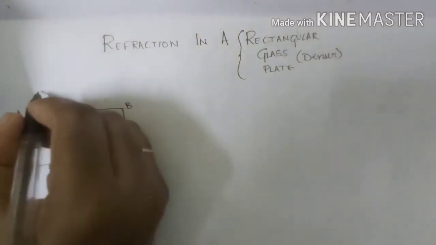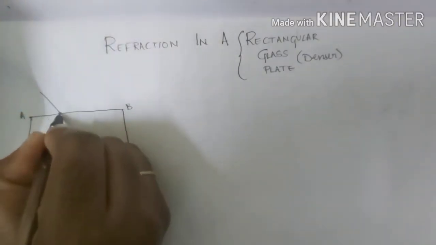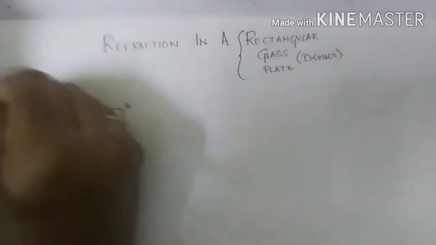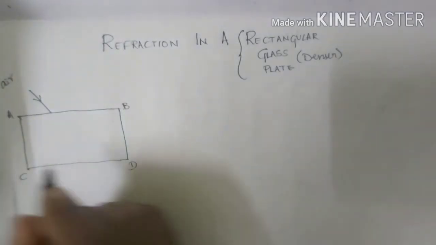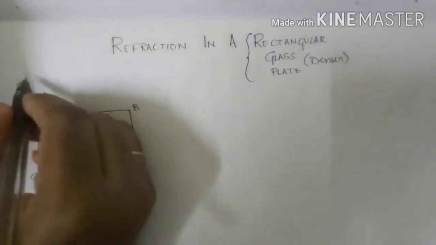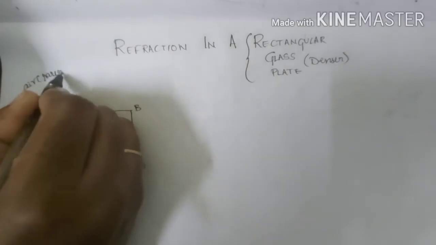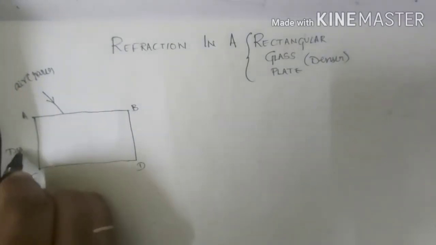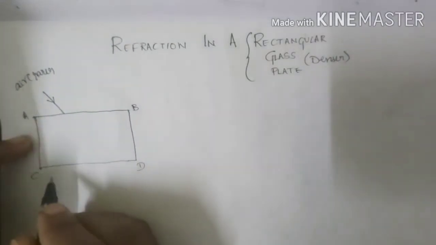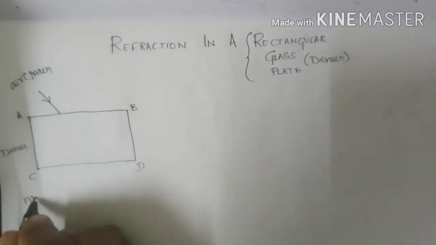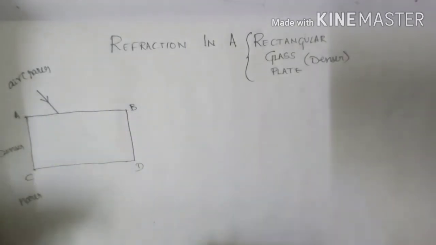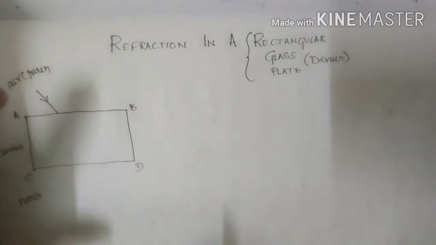So here, when light falls onto the glass plate from the air medium, air is a rarer medium, whereas glass is a denser medium. Again, after the glass you have a rarer medium. So it is just a glass that has been inserted between air.